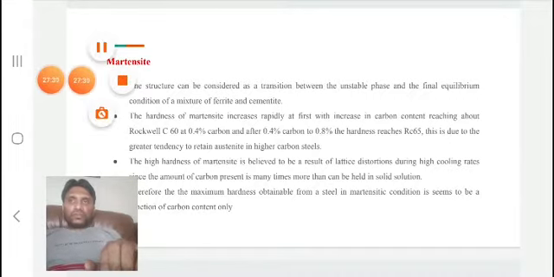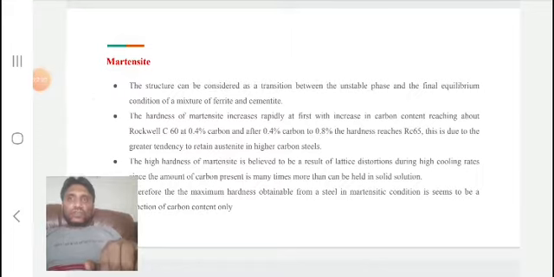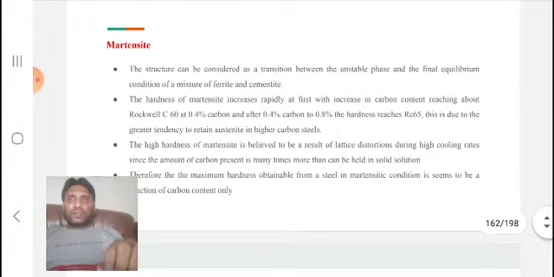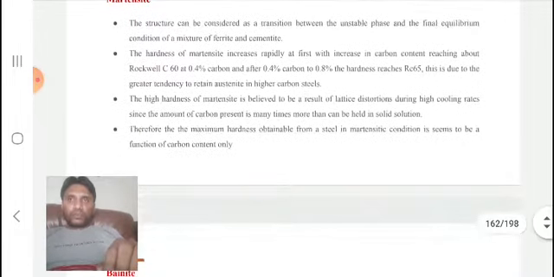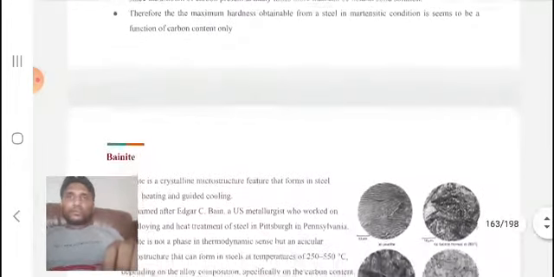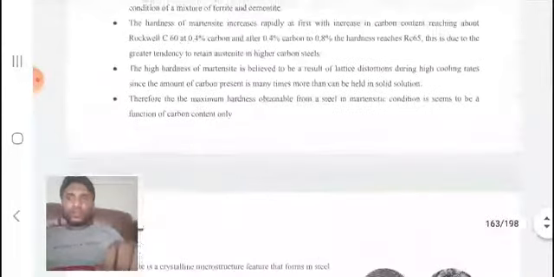This is due to the greater tendency to retain austenite in higher carbon steels. The high hardness of martensite is believed to be a result of lattice distortions during high cooling rates, since the amount of carbon present is many times more than can be held in solid solution. Therefore, the maximum hardness obtainable from a steel in martensitic condition seems to be a function of carbon content only.